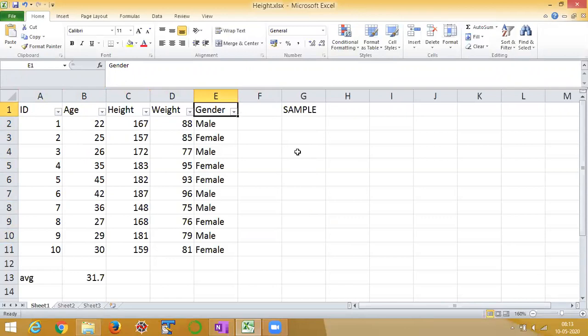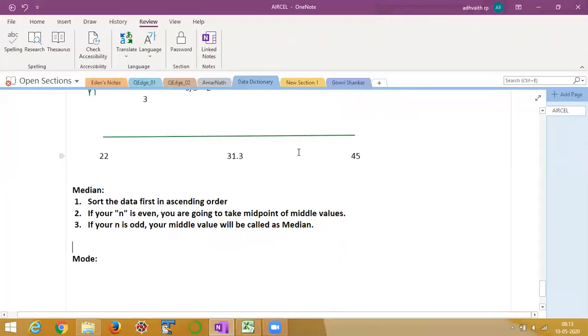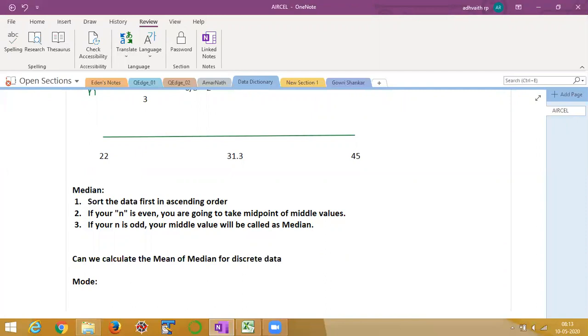Is it possible to calculate the mean or median for discrete data? That's the question. We cannot calculate. Hence, the answer is strictly no.